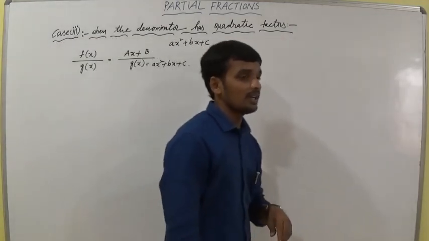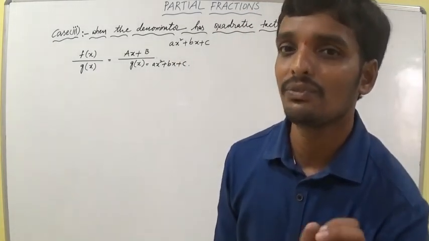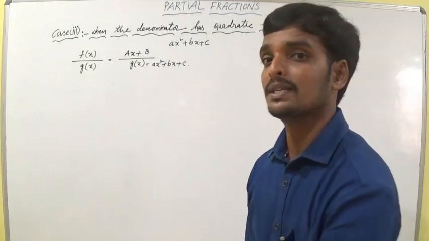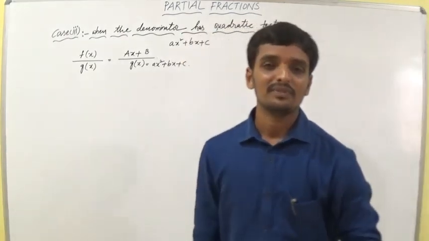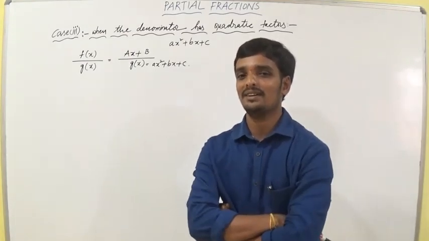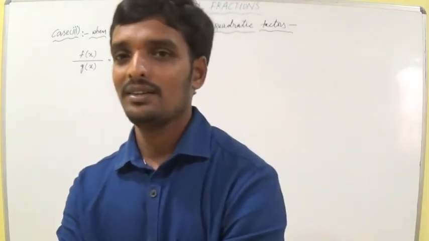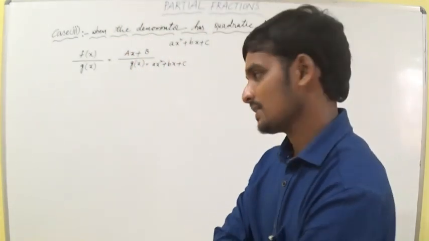In this way, the partial fractions are in the form of a linear form, that means ax plus b. I think we have some confusion, so I will explain clearly.